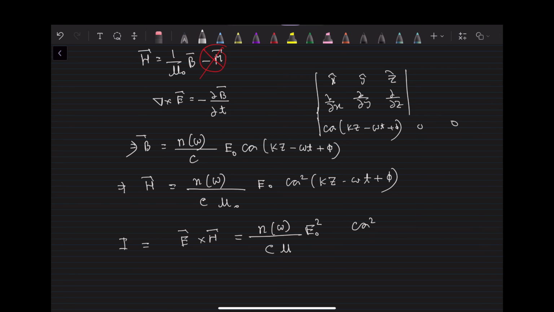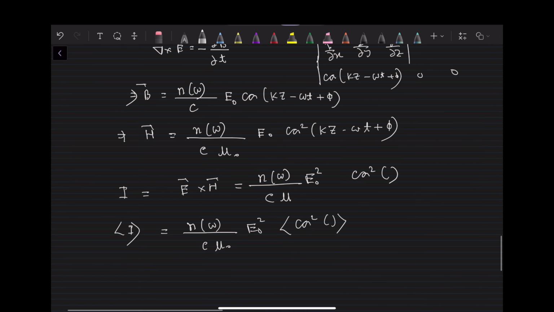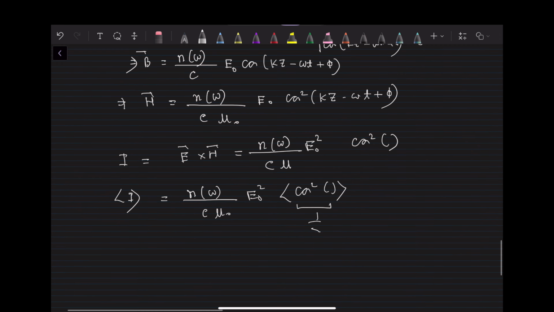So what we are left with is n omega, then, sorry, the average of cos square is half, so we get the intensity as given. So that's how we find intensity.